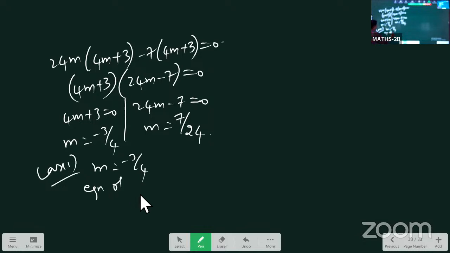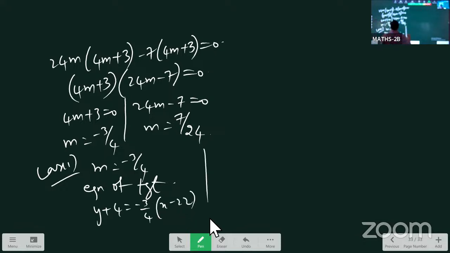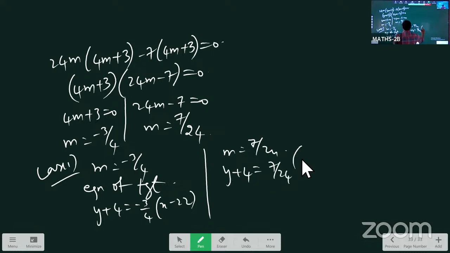Now the equation of the tangent: y plus 4 equal to minus 3 by 4, (x minus 22). Next, m equal to 7 by 24: y plus 4 equal to 7 by 24, (x minus 22).